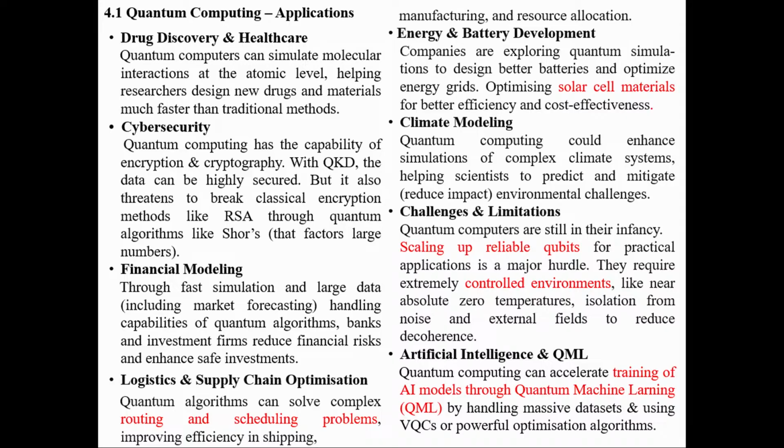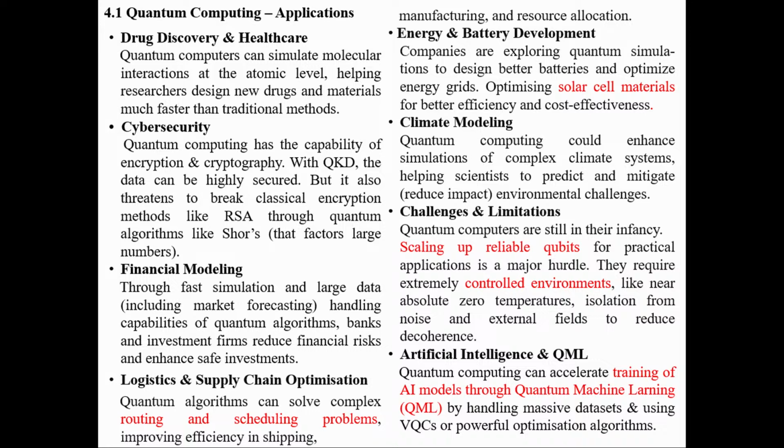For example, drug discovery and healthcare. The quantum computer can be used to know molecular interactions at the atomic level. That means even if you know the structure, you can know it will behave like this, and the end result is this one.